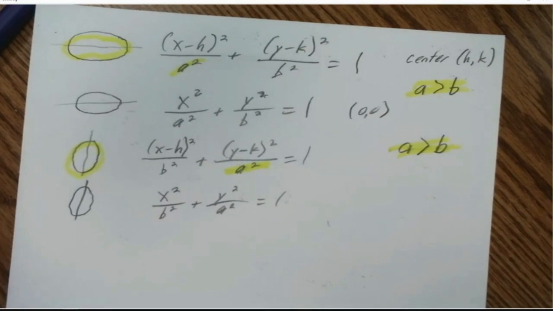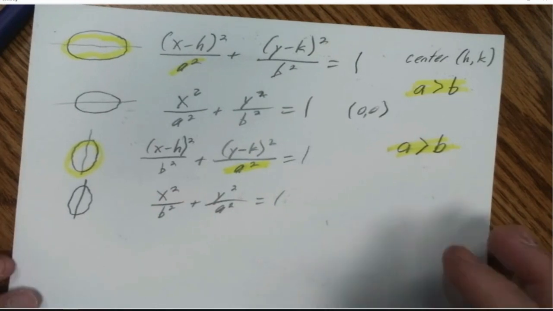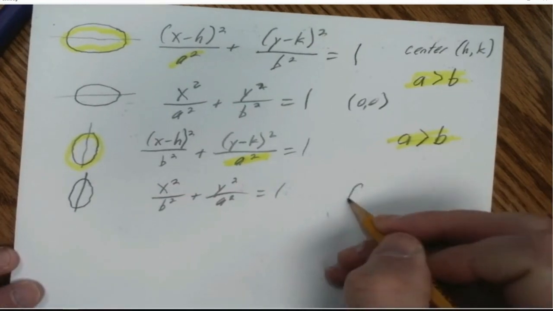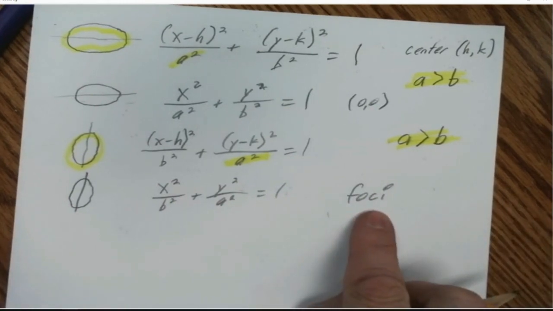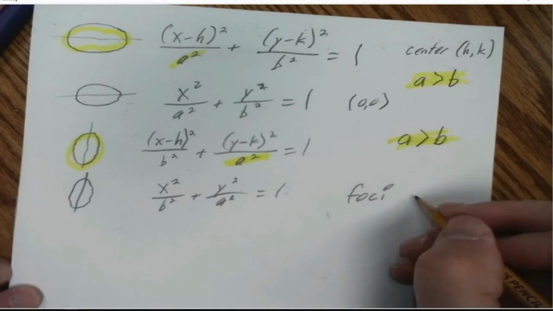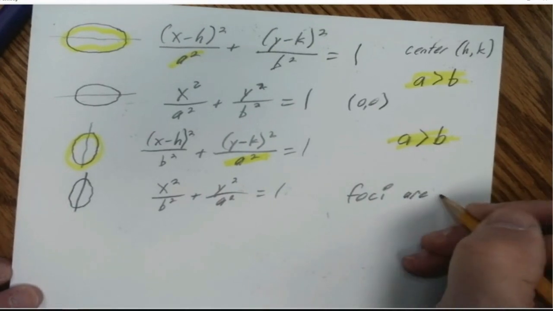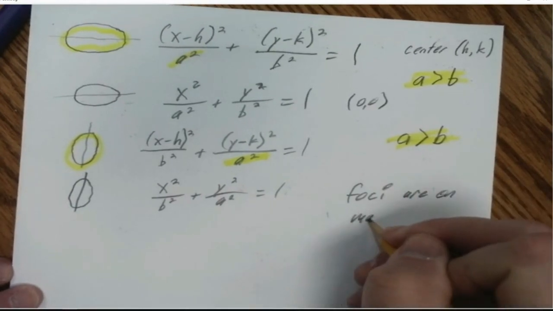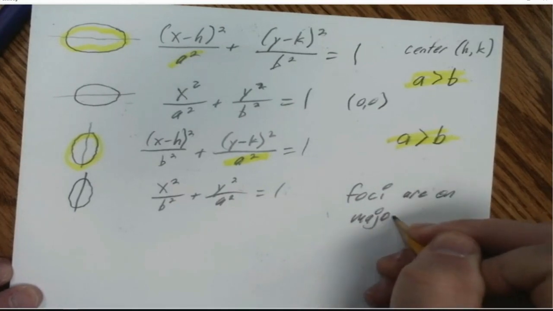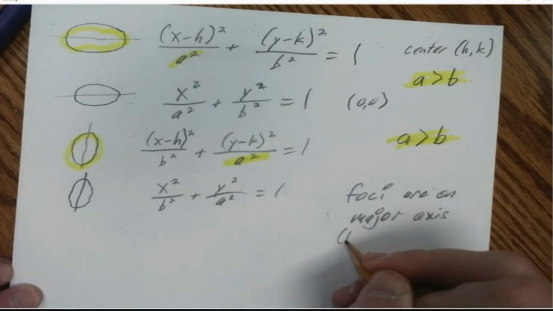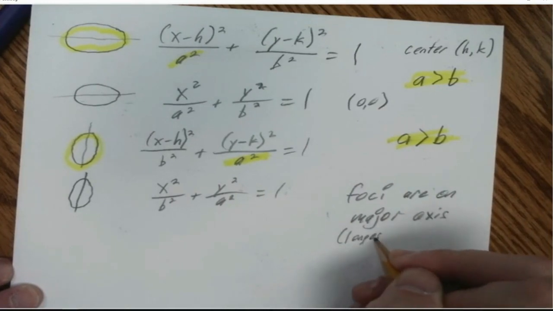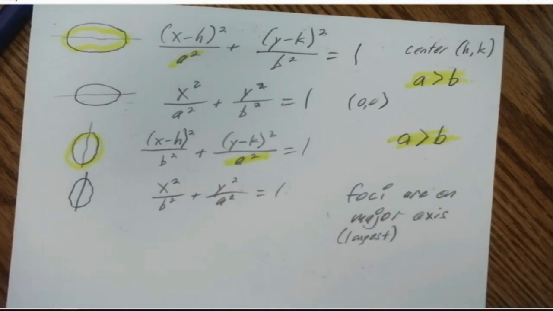Okay, so we're trying to prove. And the two focus points, the foci, plural of focus, are on the major axis. You know, which is the longest. Major axis is whichever one's the longest, right?